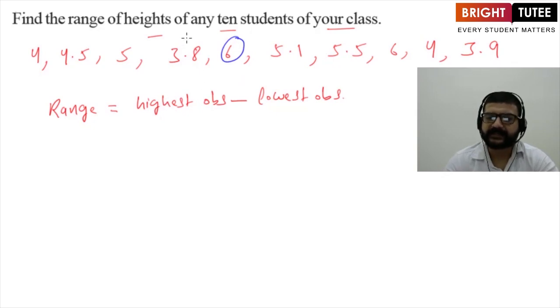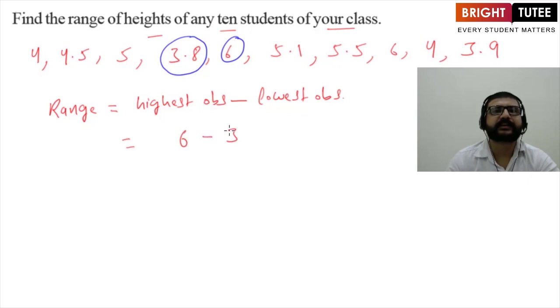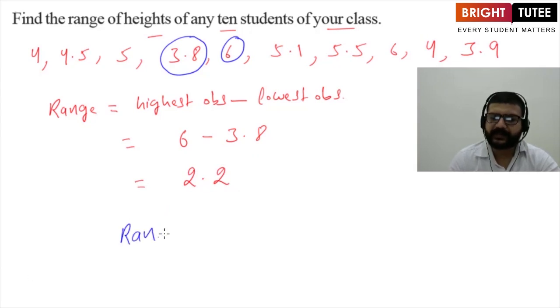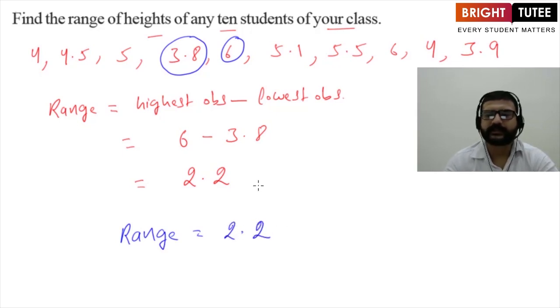As we can see, it is 3.8 feet. So range will be equal to highest observation minus lowest observation, so it will become 6 minus 3.8. By subtracting this, we get 2.2. So we can say our final answer, range, will be equal to 2.2 according to this data.